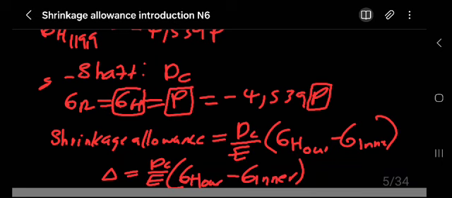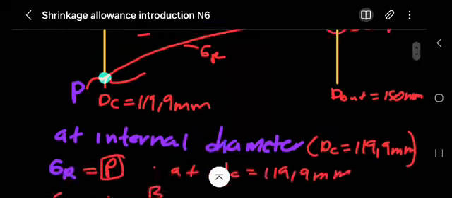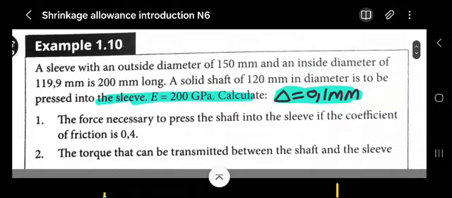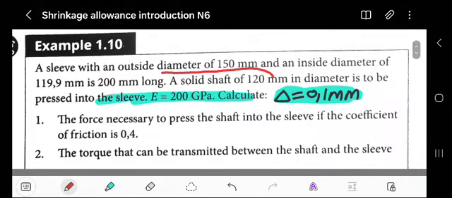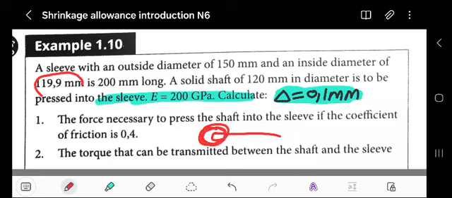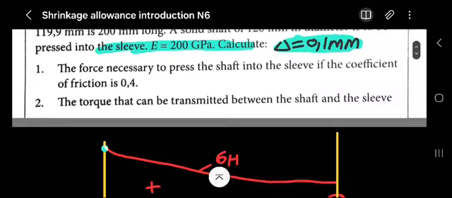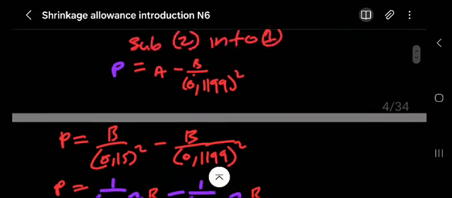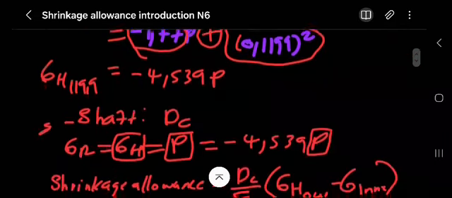Because if we fit this on this region, then we are forced to put the shaft there, so that will increase, it will be exactly 120. Remember, when we are calculating the shrinkage allowance, now we're focusing on the sleeve.